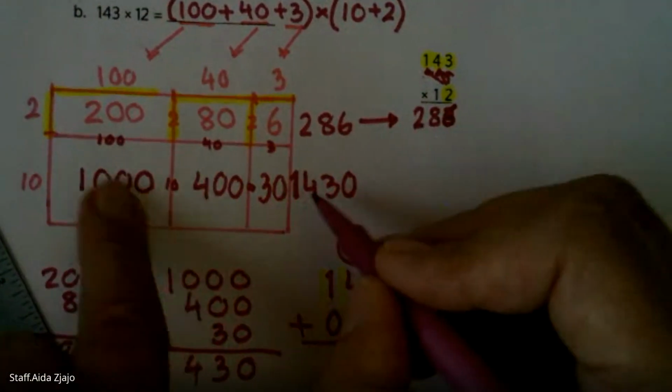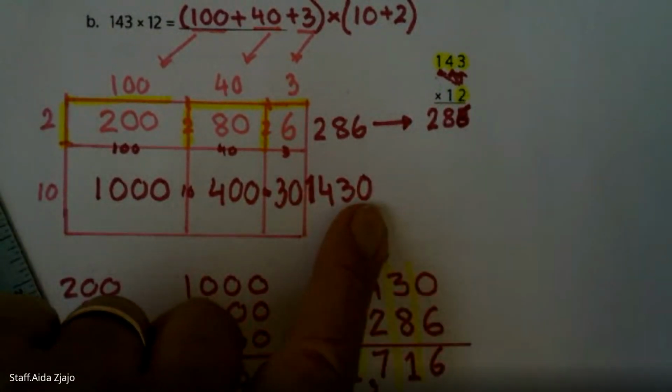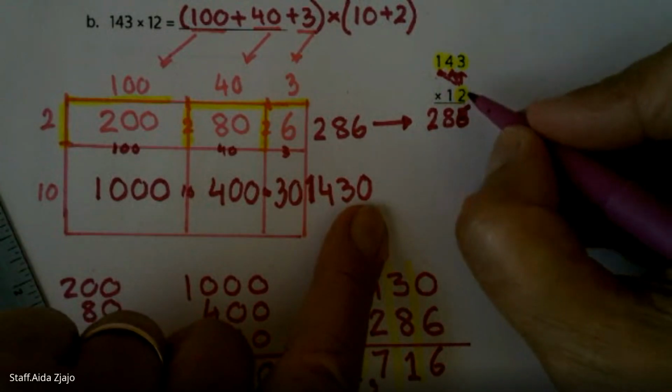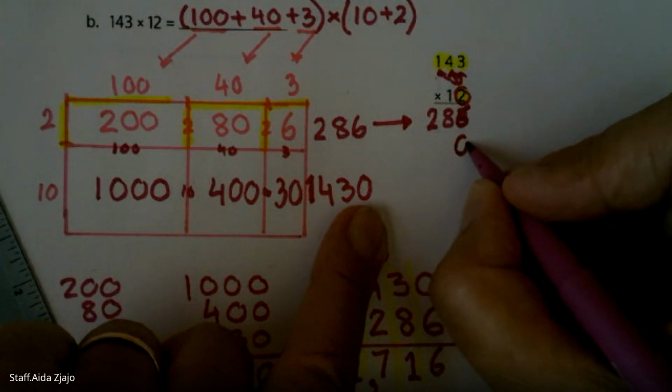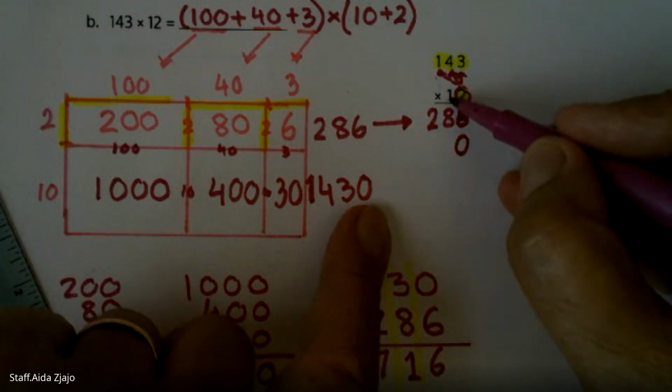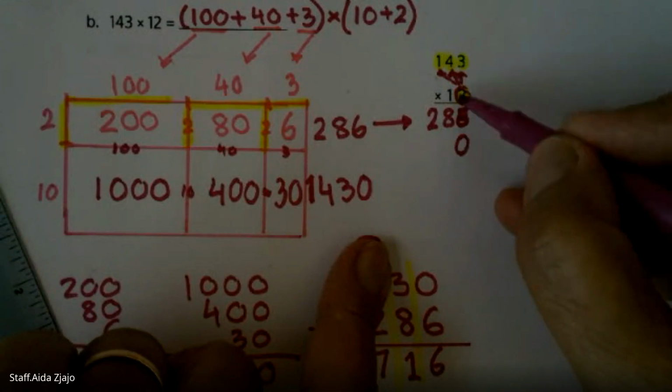Now, the second one would be 1,430. How? Because you are done with ones, so you put 0 there. Now you're moving to tens, and this is a 10. So 1 and 0 makes 10.